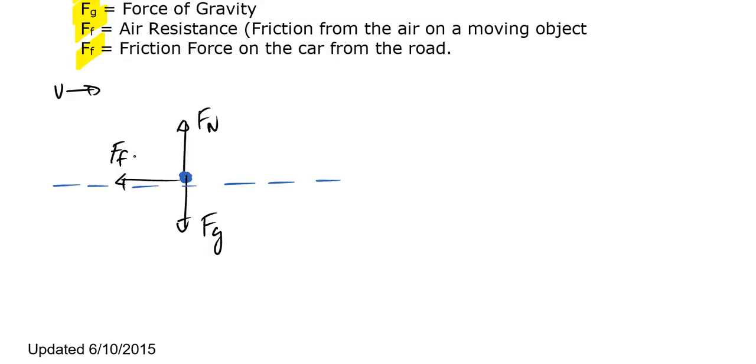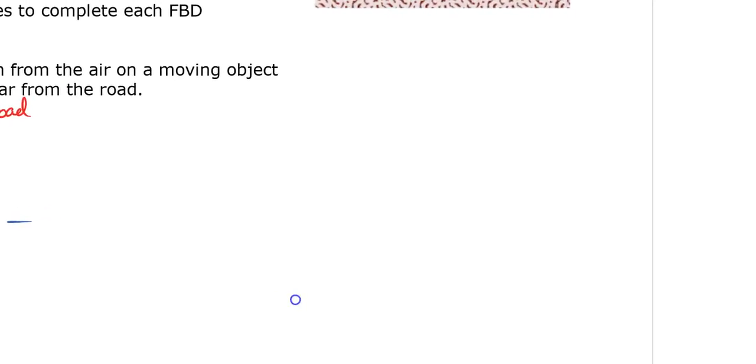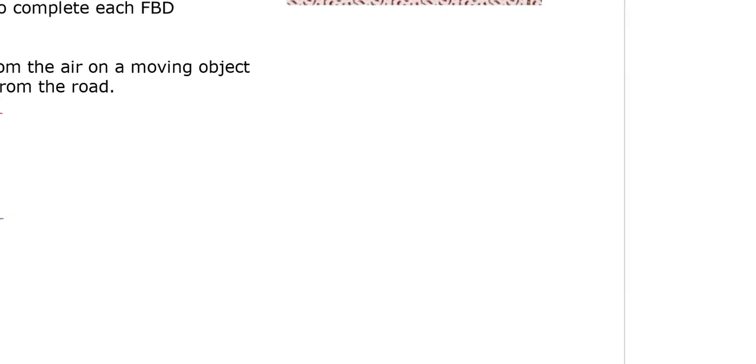Okay, so let me label this car on flat road. The reason why I want to do this is because I want to show an example of what happens if your car isn't on a flat surface.